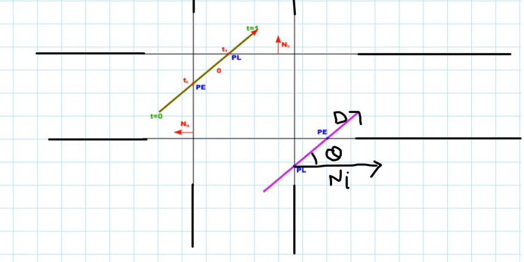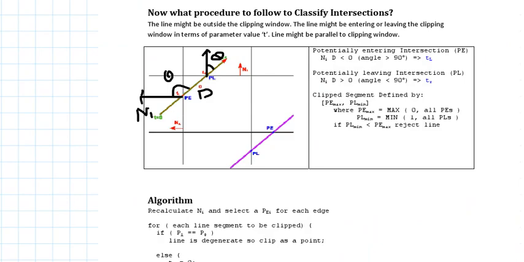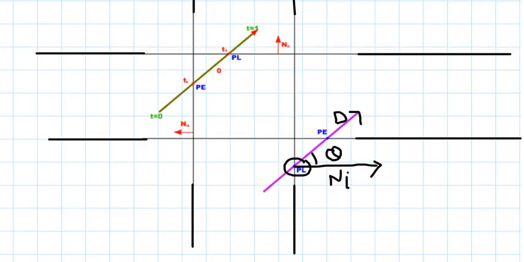So this particular point is potentially leaving point as per our discussion. Potentially leaving intersection point is there where Ni multiplied with D is greater than 0 or angle is less than 90 degrees.